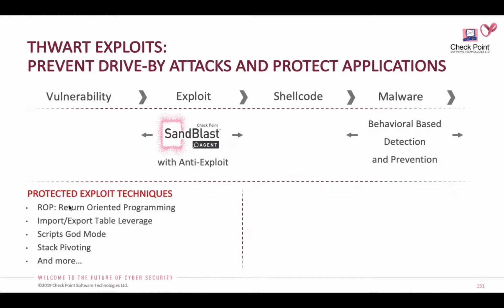What it does is that it talks to the AI engine and then it tells you whether or not this file-less attempt was found to be malicious. As in, it could be any sort of a scripting attack or a script god mode, or it could be a buffer overflow or a stack pivoting, all those sort of attacks where your scripts or file-less attempts are being involved. In that case, you need to use the anti-exploit module, right?